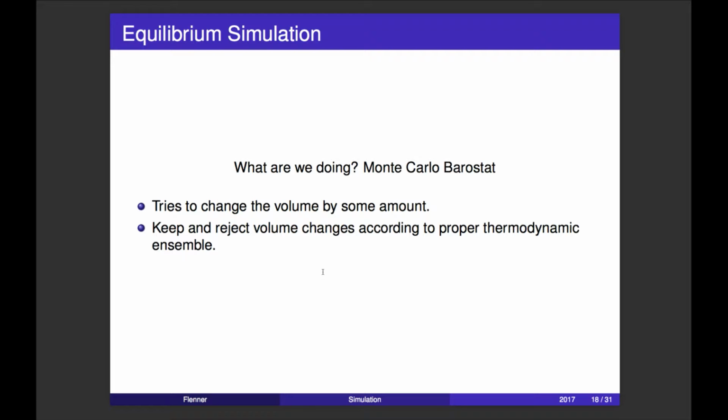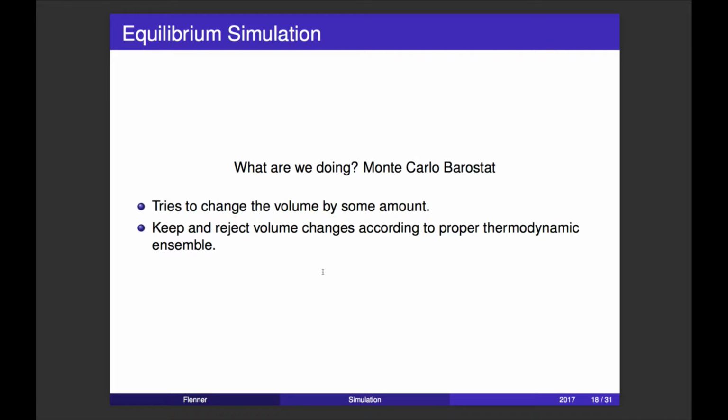So if you take each volume you have, or each density, in a constant pressure simulation, and you look at the distribution of that, it should have the proper distribution of volumes that you expect in an NPT ensemble. Monte Carlo simulations, and this Monte Carlo barostat, do exactly that. It creates a distribution of volumes consistent with a constant pressure ensemble.